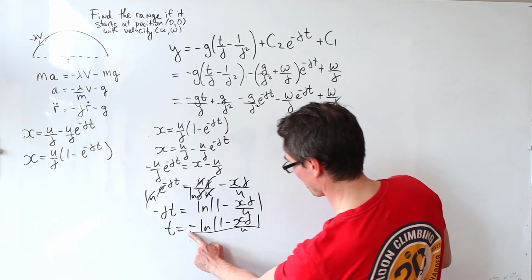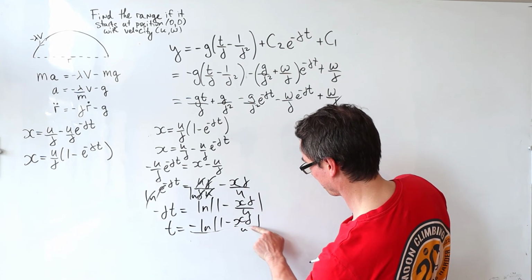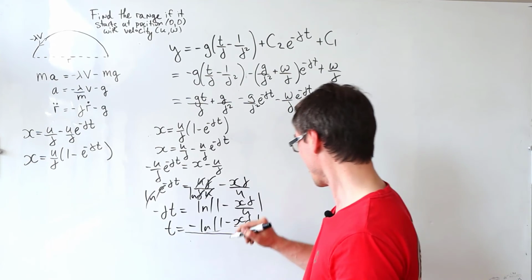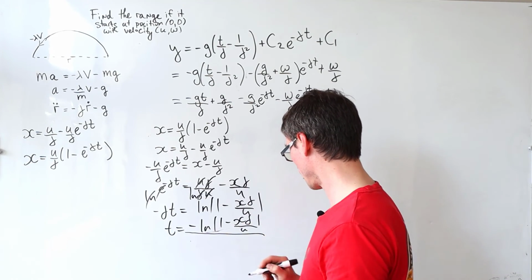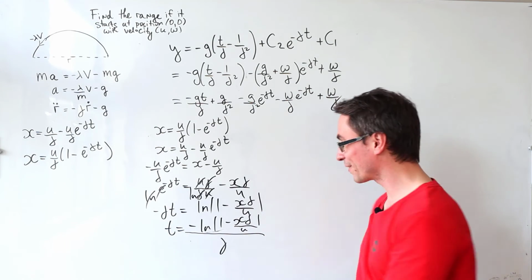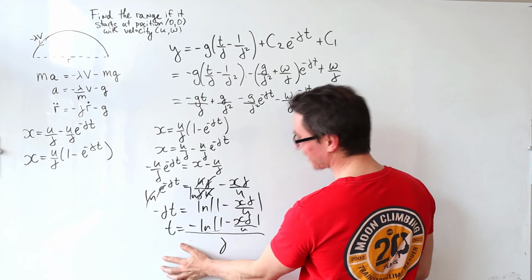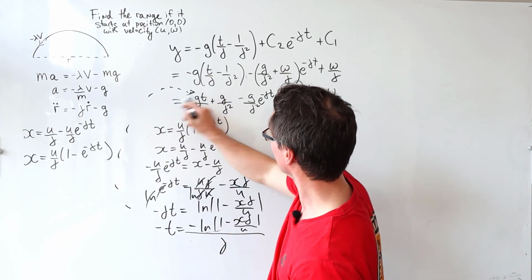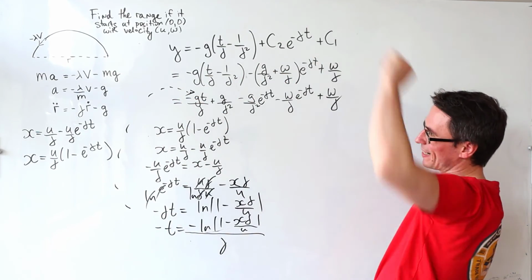That's like the worst division sign I've ever drawn, and all I need to do is just divide that by gamma. Okay, and now we have the joy of taking this expression for t and then plugging it into here.